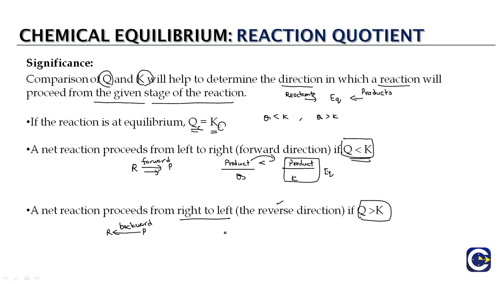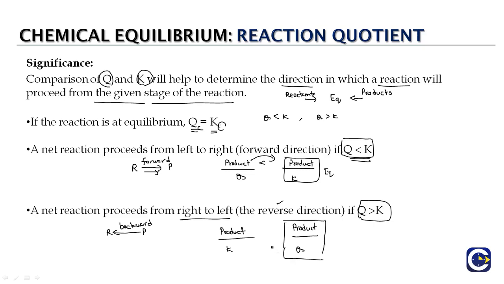Now why are we concluding that if the Q value is more than K, the reaction will proceed in the backward direction? Again, in K we have product concentrations or product partial pressures in the numerator, and in Q, again we have product concentrations or partial pressures in the numerator, of course at the given stage.